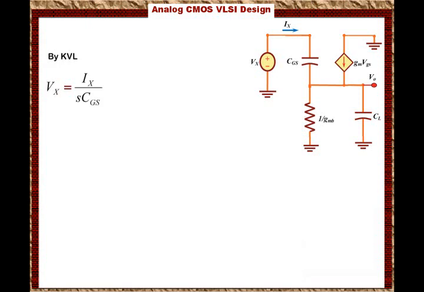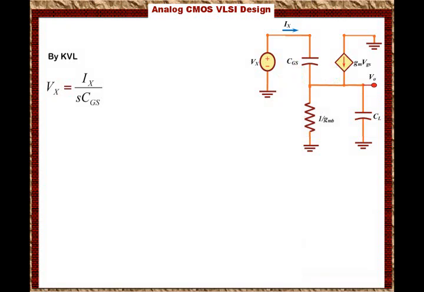The current times the impedance is the voltage across the capacitor, plus the current going to the output, and the output will have 1 over gmb in parallel with CL. The total current going through the output will be the current coming from the gate plus the current coming from the drain. The current coming from the gate is Ix, while the current coming from the drain is gm times VGS, whereas VGS is basically Ix over s times Cgs.